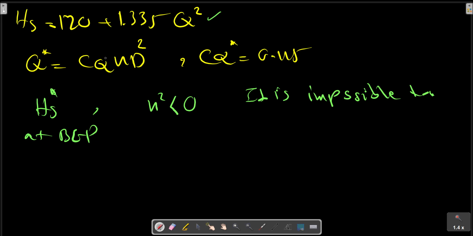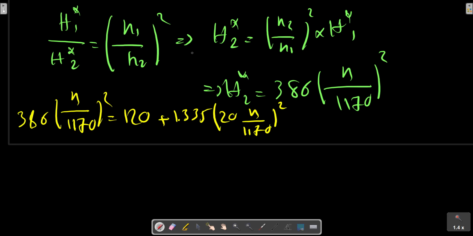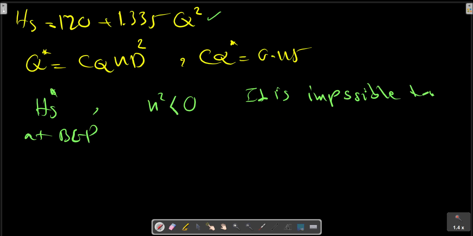Because of this, let me show again. This relation, this quantity is greater than this, so we have approximately n2 square equals to minus 120. This is the end of this problem.